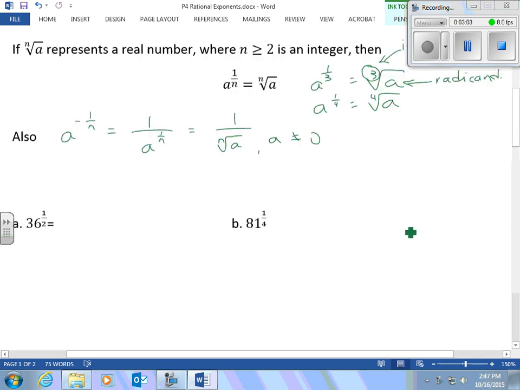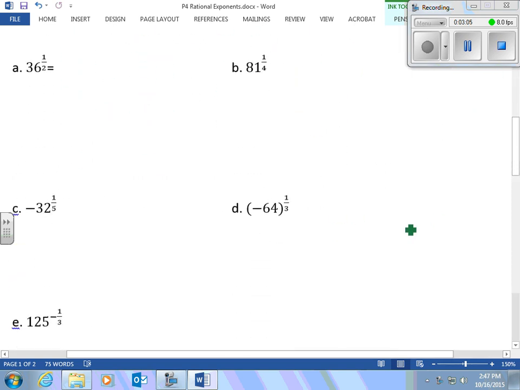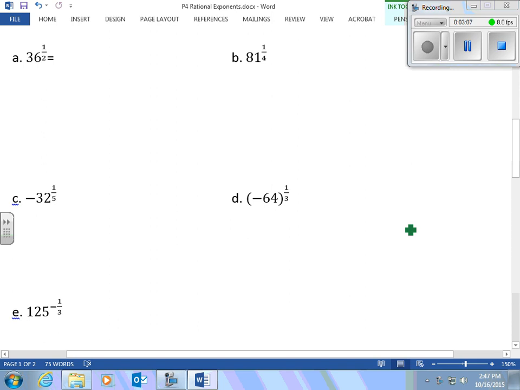If we look at 36 to the power of 1/2, that gives us the square root of 36, which is 6. 81 to the 1/4 gives us the 4th root of 81, which is 3, because 3 to the power of 4 is 81.